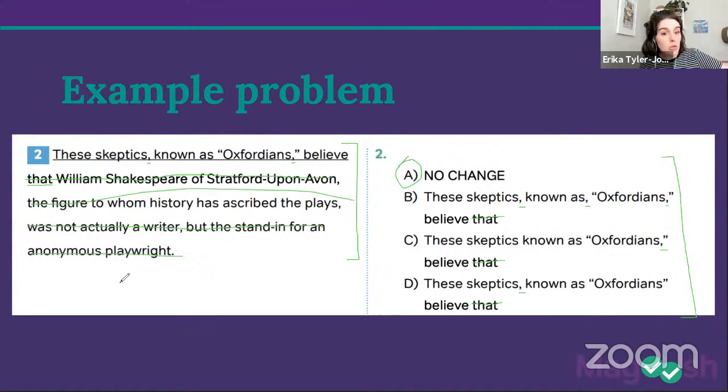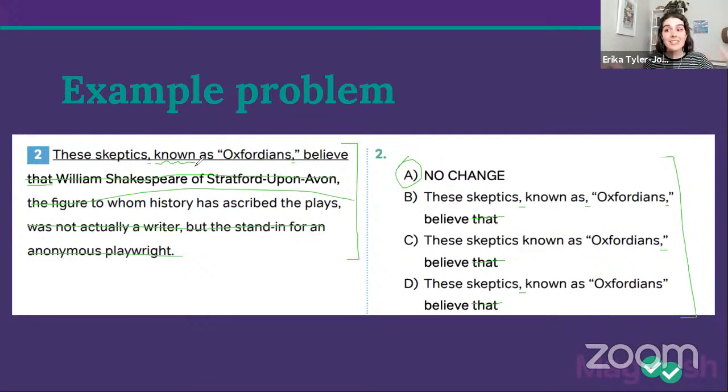Great. Now, what I'm also noting is that I have two commas surrounding known as Oxfordians in A. And I take a look at known, and that's an irregular past tense. It is basically knowed, the past of know. So this is an ED. It doesn't look like it, but it is one.